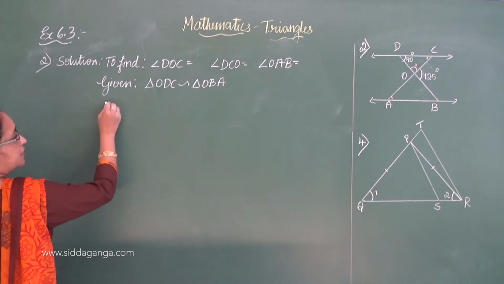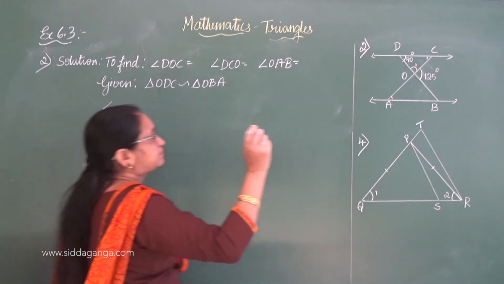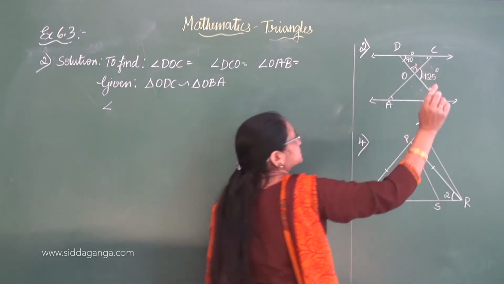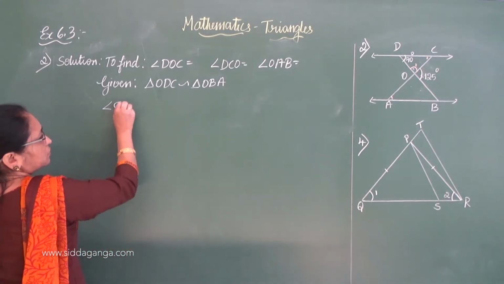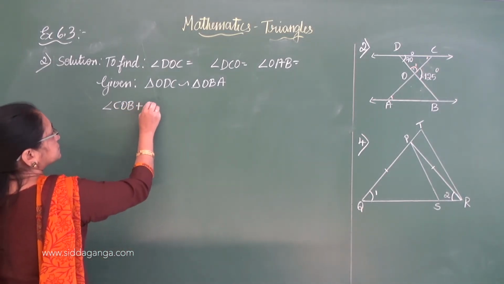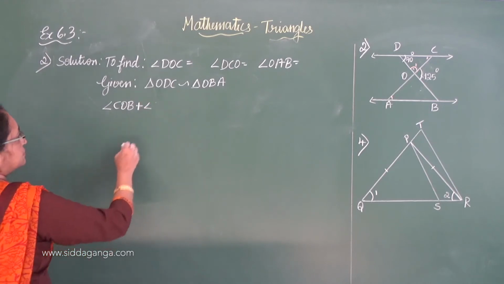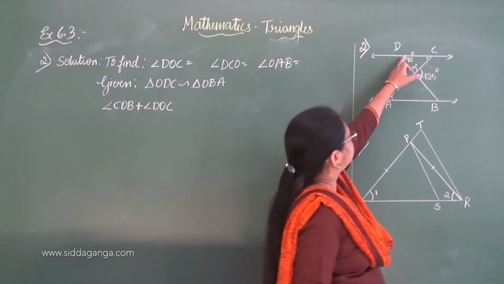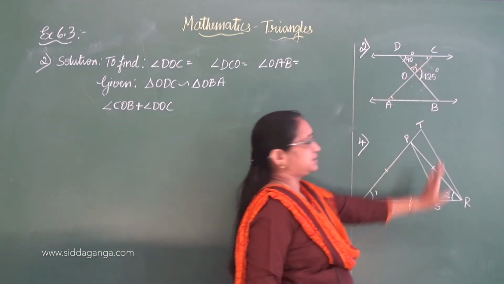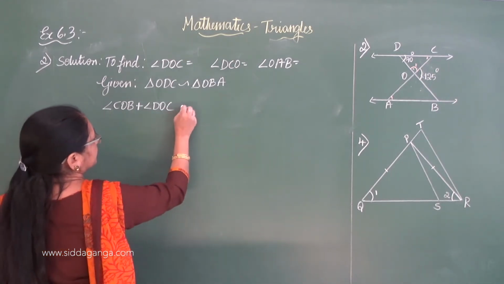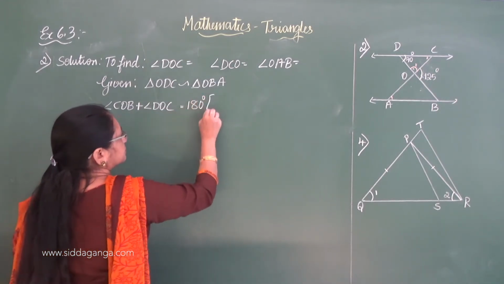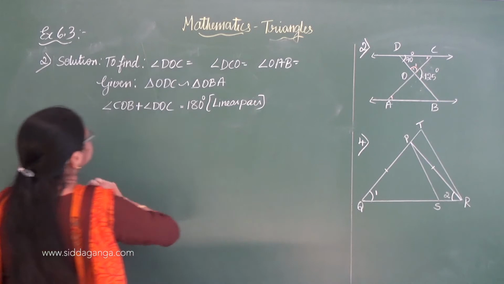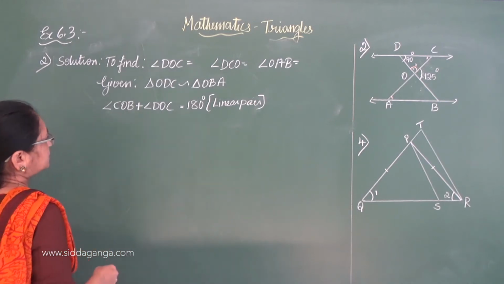Now for that angle, see, these two are linear pairs. So I will write that angle COB plus angle DOC. Angle DOC and COB are linear pairs, equal to 180. You all know that. Now COB is how much?